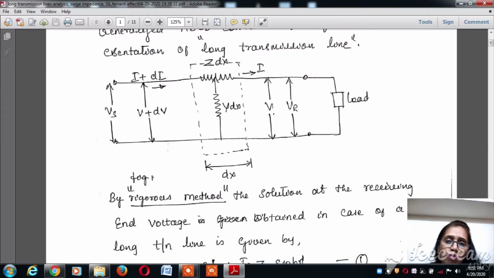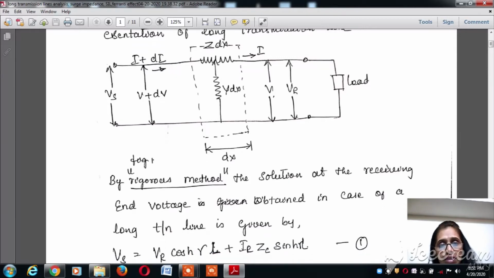One of the most efficient ways of calculating the performance of a long transmission line is the use of the rigorous method. In this case, a small section of the long transmission line will be considered, and then it will be analyzed further.